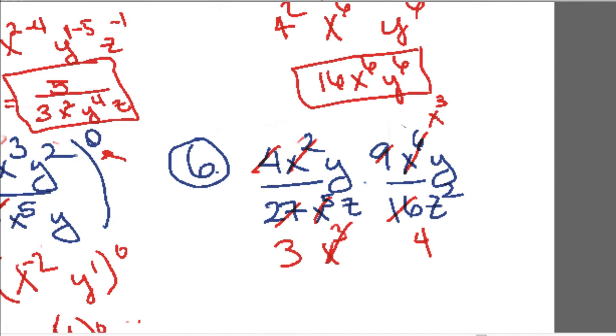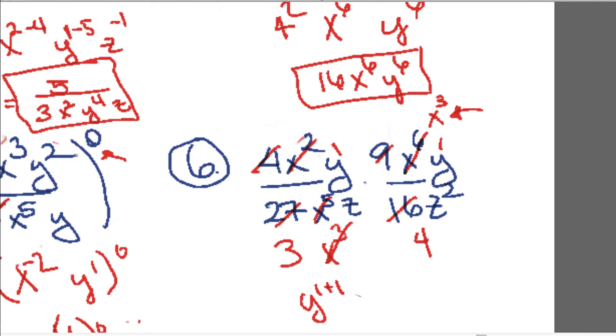So if I were to multiply, I would have y times y, and remember both of those have a 1 understood there. So it'd be y to the 1 plus 1, because you're multiplying the like bases. And then there's an x cubed, right? Remember this one?